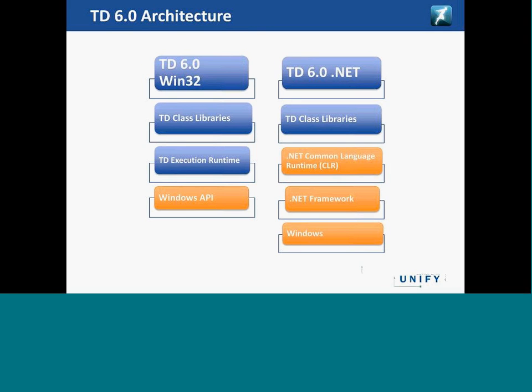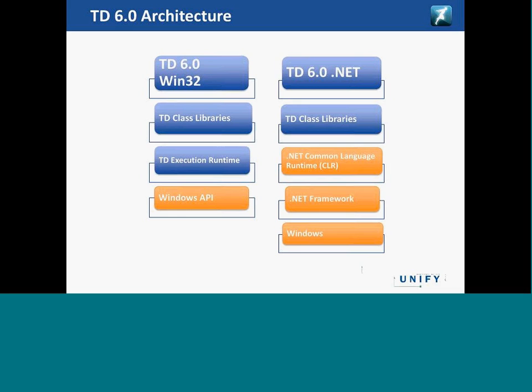First of all, on the left side you can see Team Developer 6 Win32. This is really the old technology. We have had this for many, many years inside Team Developer. That means you have a Team Developer class library. This class library gives you all the API calls, all the database connectivity, the reporting features, and so on.